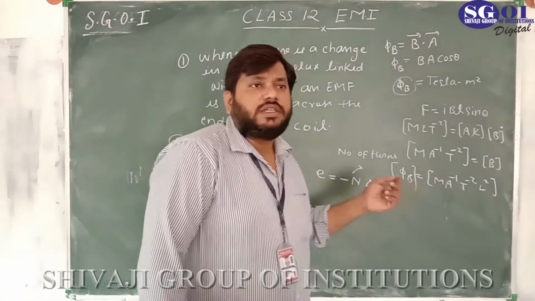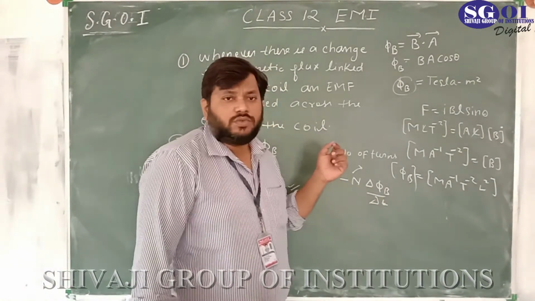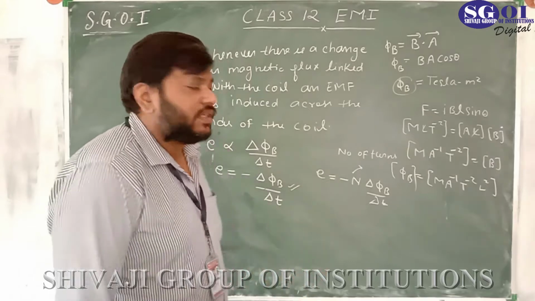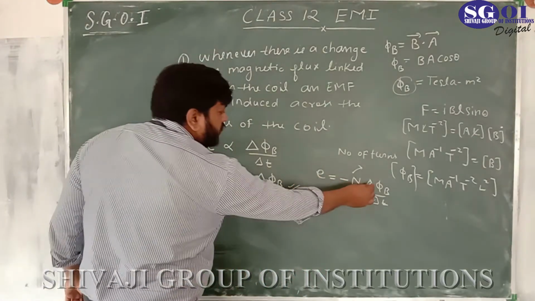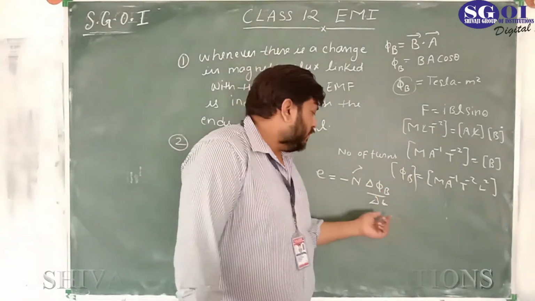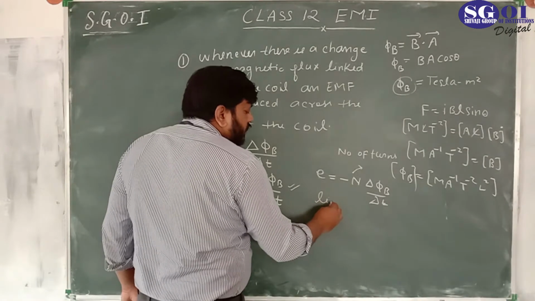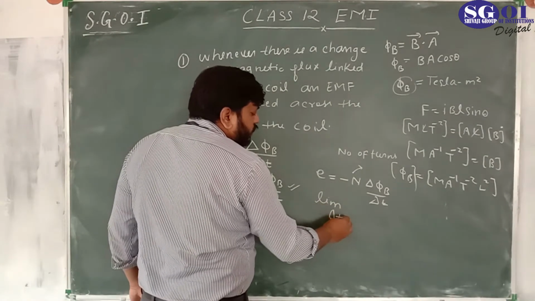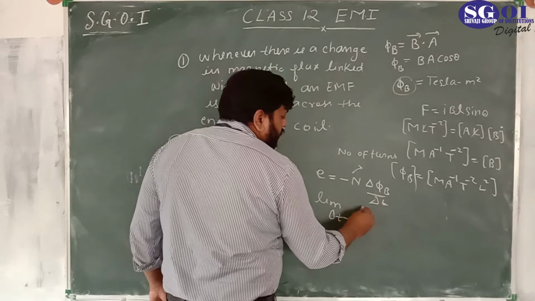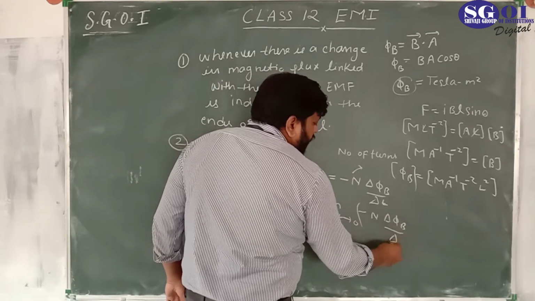We know that whenever there is a delta, it is an average value, and this is the average EMF because there is a delta. If the time interval delta t tends to 0, when delta t is very small, we can say limit delta t tends to 0 of minus n delta phi upon delta t.